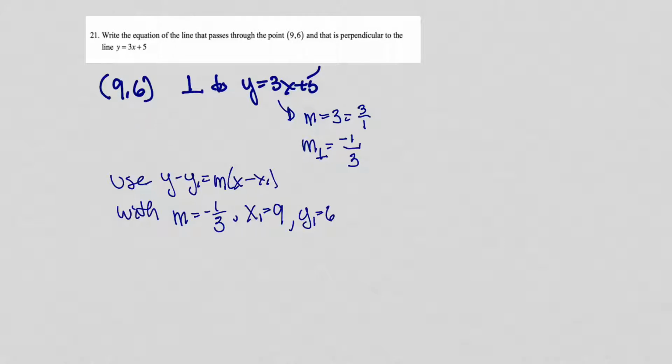Let's put those numbers in and see what happens. So we'll get y minus y1, that's a 6, equals m, negative 1/3 times x minus x1, which is 9.